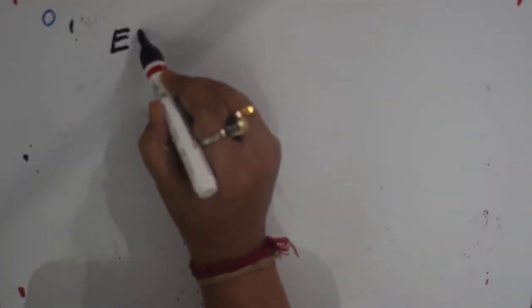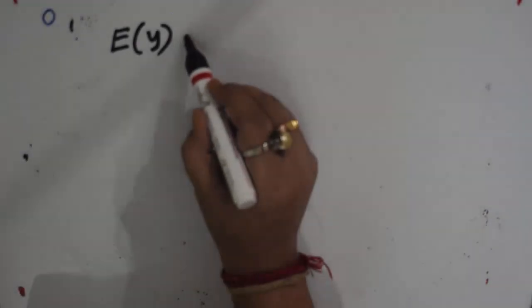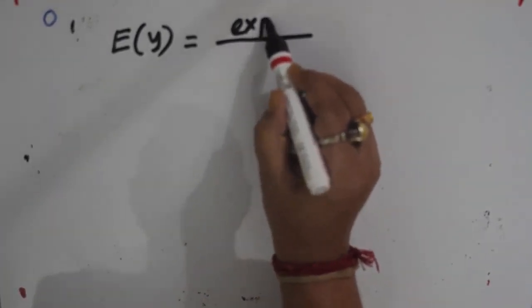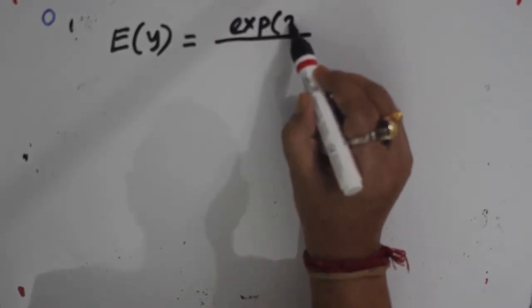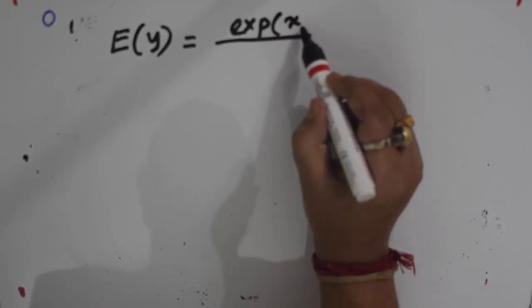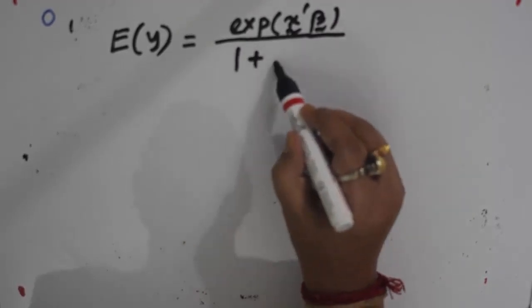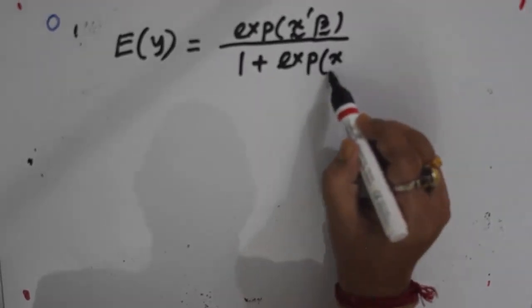So, in particular, expectation of y equals exp of x curl prime beta curl divided by 1 plus exp of x curl prime beta curl.